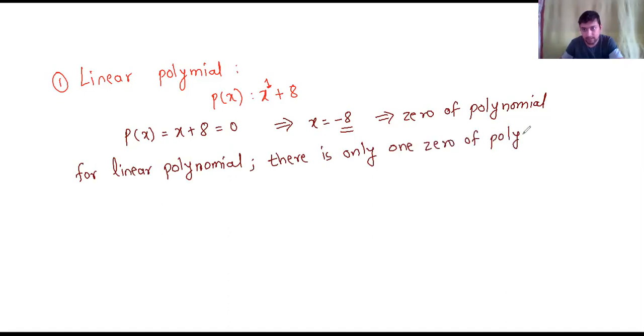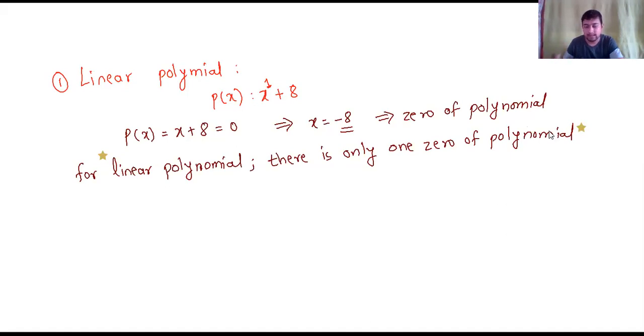Is this statement right? Why? Because there are no other values. There will be only a single value which will make the given polynomial equal to 0. Therefore, for a linear polynomial, there is only one zero of polynomial.